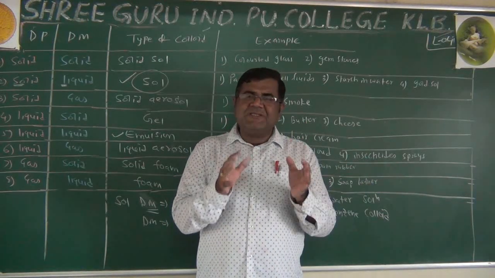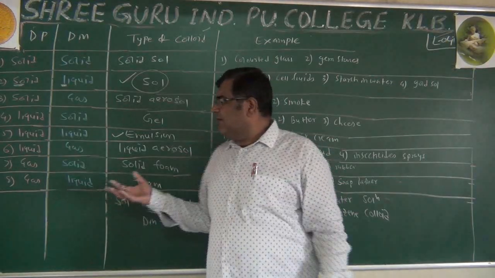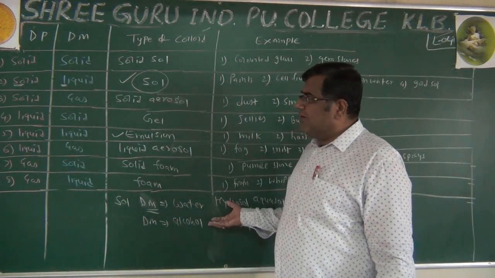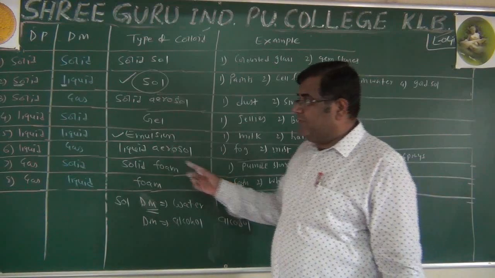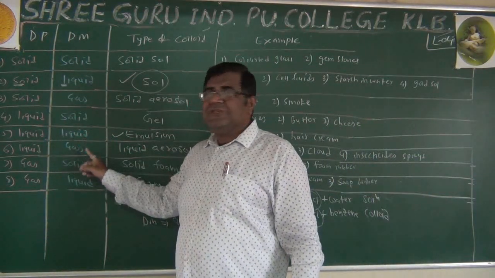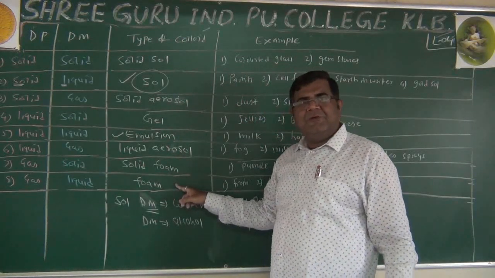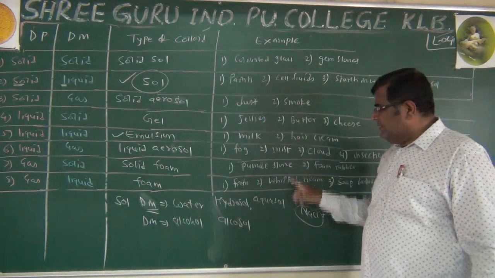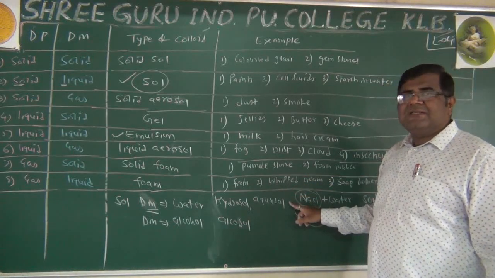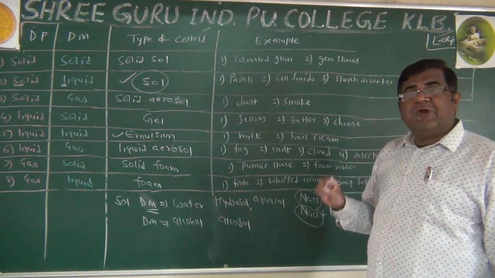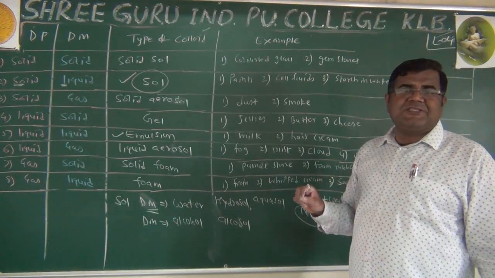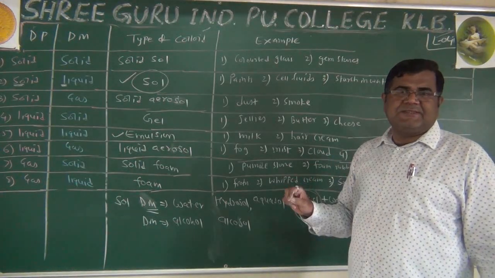Because of their intermediate size, unique properties, and their classification based on the physical states of disperse phase and dispersion medium. The name given to them, the typical name given to them, and this example. And colloid is a state of substance. Colloid is not a substance, it is a state of substance.